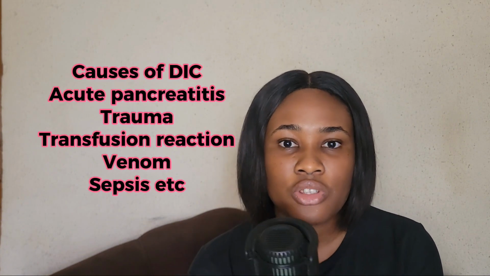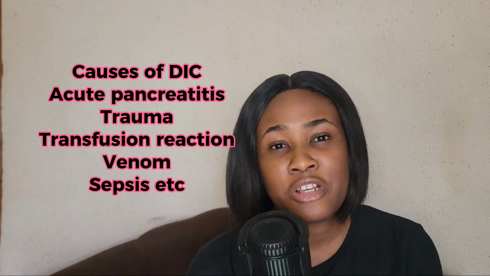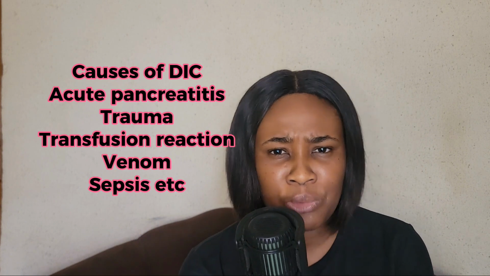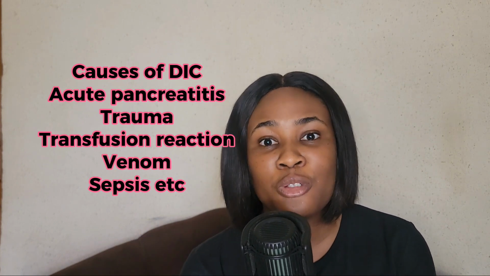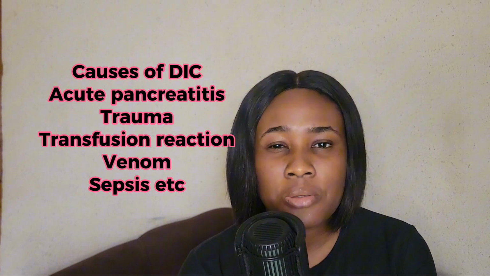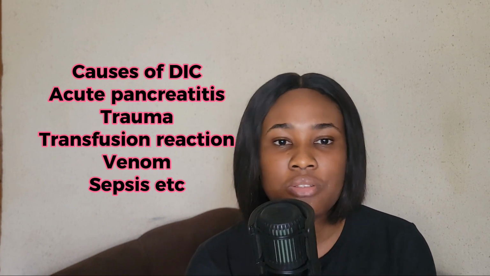Now contrast all these with DIC. DIC is a consumptive coagulopathy where there is widespread or uncontrolled activation of the coagulation system. DIC doesn't happen unprovoked. It's usually in response to trauma, transfusion reaction, placental abruption, amniotic fluid embolism, acute pancreatitis, sepsis, scorpion venom, snake bite, things like that.